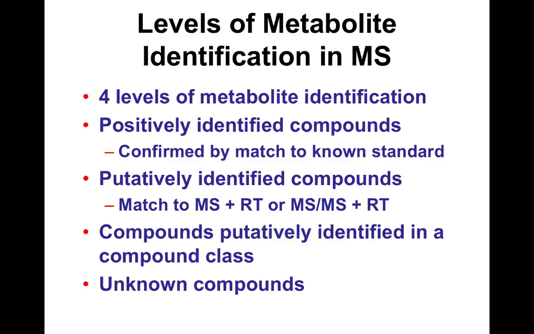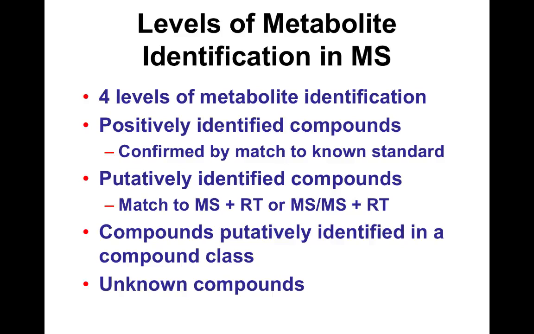The third category is compounds that are putatively identified by a compound class. This is where most people actually are. They identify compounds just using apparent ion mass. So I've measured something at 172.1638, I look it up on PubChem, I find the first thing that hits my eyes, and I say, that's my compound.